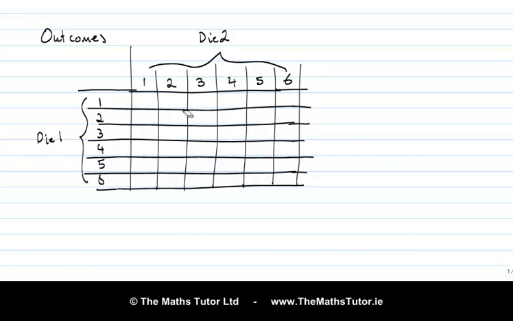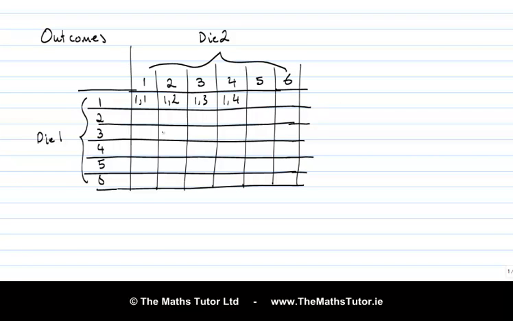To fill in the table, we just match up rows and columns in the following way. So we have 1,1, 1,2, 1,3, and so on. The first entry in each cell comes from the left-hand column here, and the second entry comes from the top row. So we can fill in the table like that.